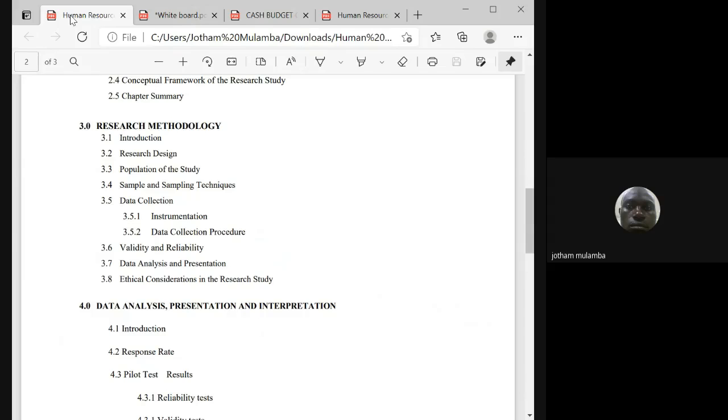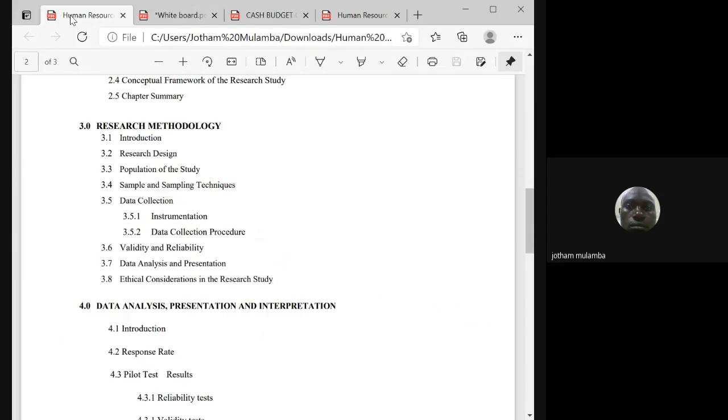So for instance, if you are asking about gender, how many are male, how many are female? We'll first of all present that information on a table. Then after the table, we'll present the same information on a pie chart. Then after the pie chart, we'll do the explanation of those two ways of presenting the information.